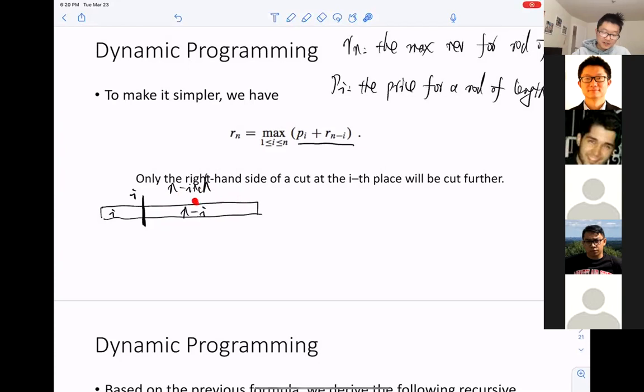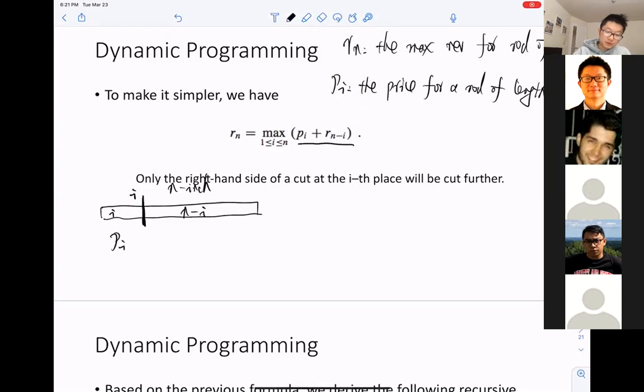Because this is the leftmost cut, the last cut, we're not allowed to further cut the left part anymore. So we have to sell it directly as a whole piece. So how much money can we make from the left? Not necessarily $1. Think about the length, whatever i is.